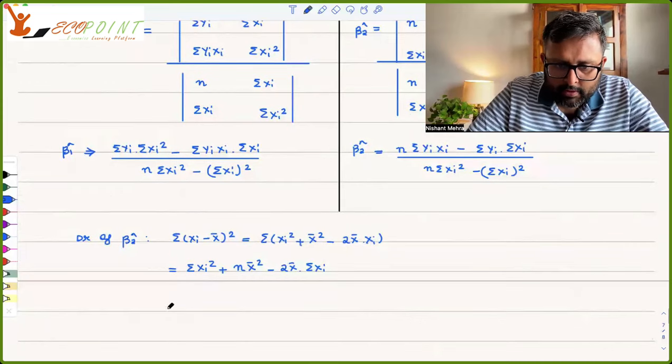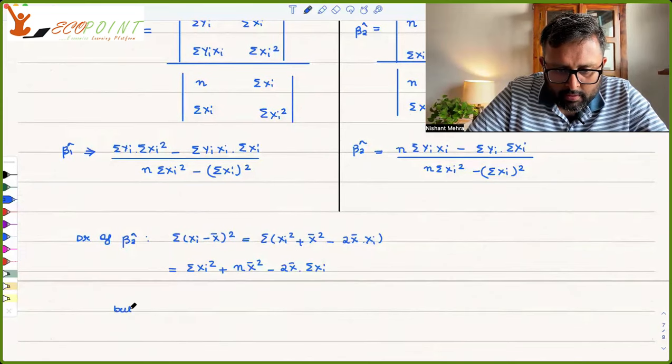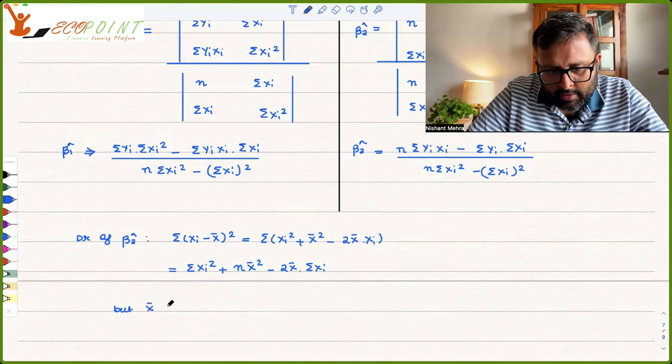This is what it will be. But x bar is summation of xi upon n.